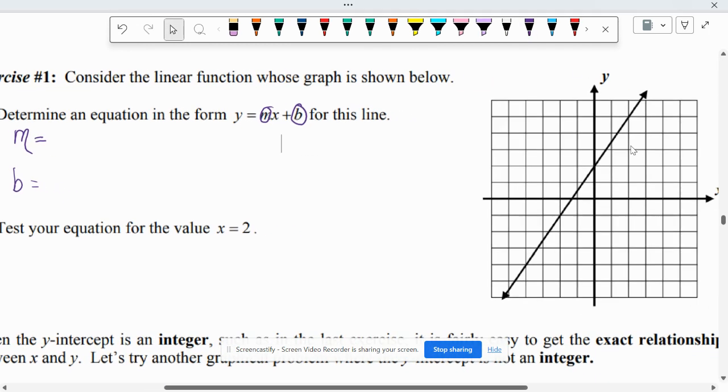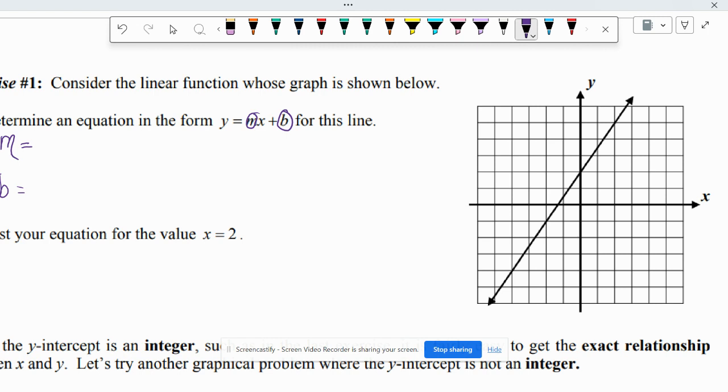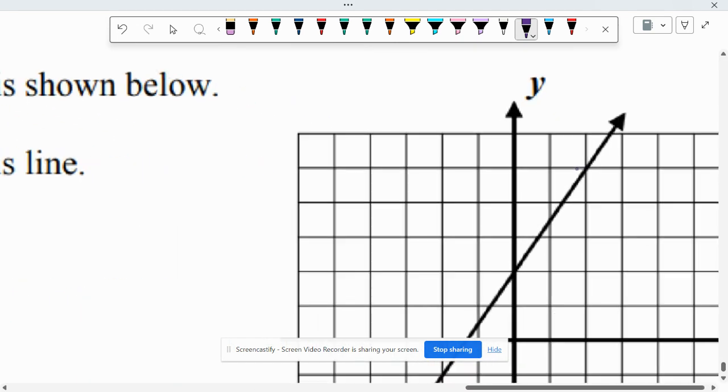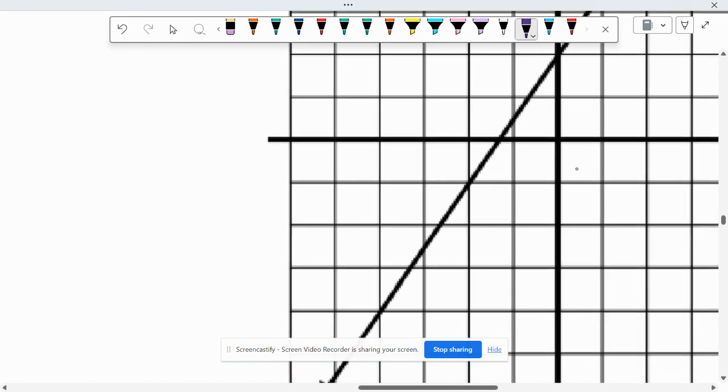So, how do I find m? How do I find slope from a graph? What do I do? Pick 2 what? Yeah, I need to pick 2 points that lie exactly on the intersection of a grid line, right? So I'm going to make this really big, just for a second. Does this point right here show the intersection of 2 grid lines?